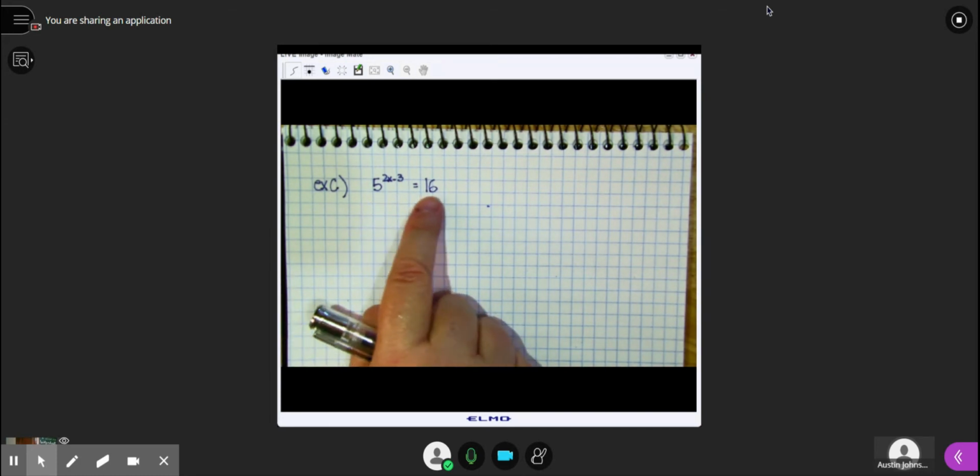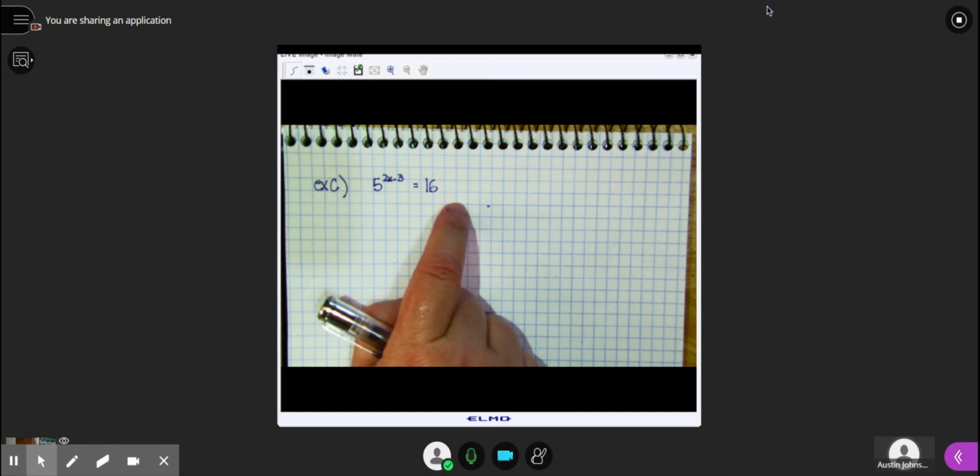Now, there's no way we can write 16 as 5 to some power. I'm sure 16 is equal to 5 to some power, but I cannot rewrite this as 5 to some power y. It's just not going to happen.